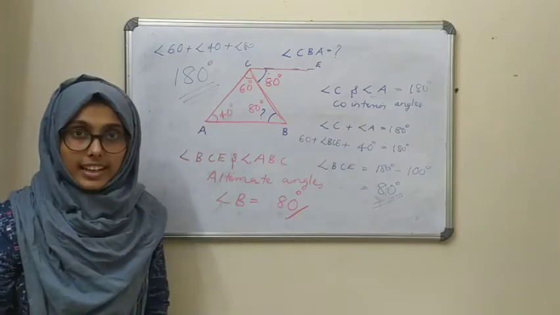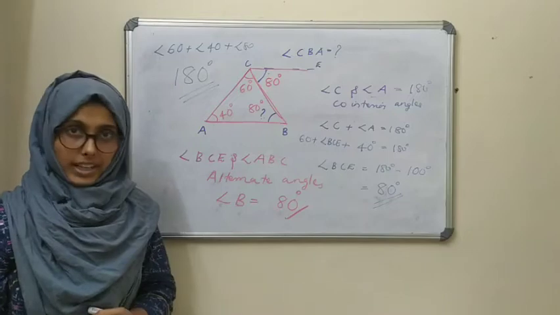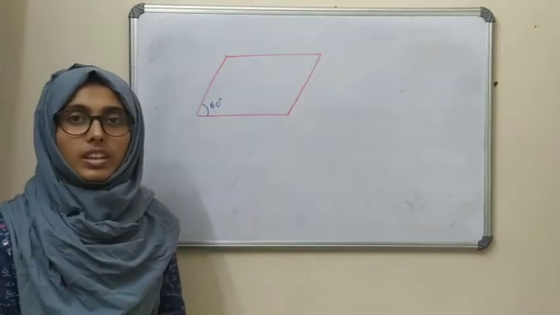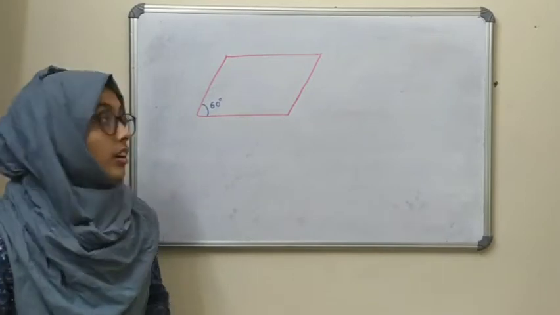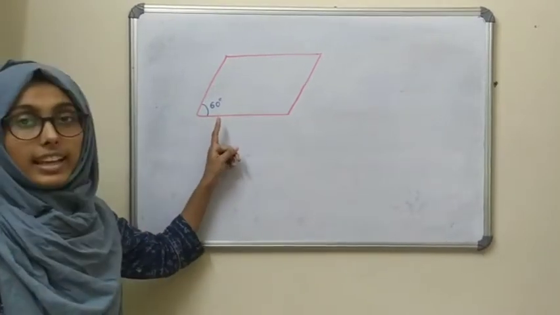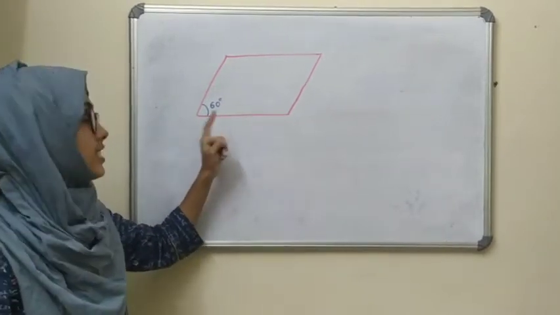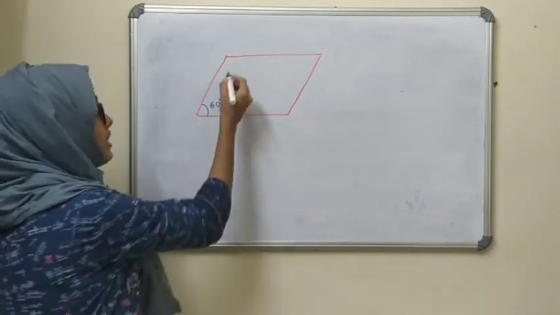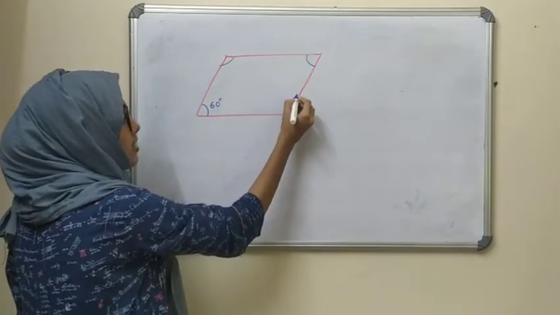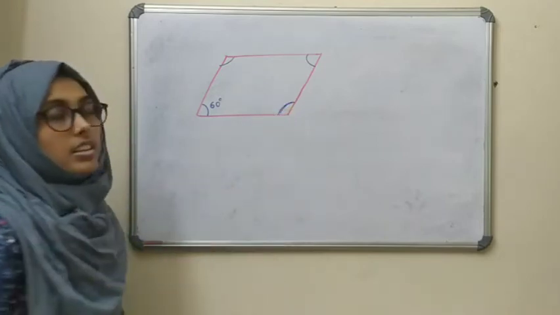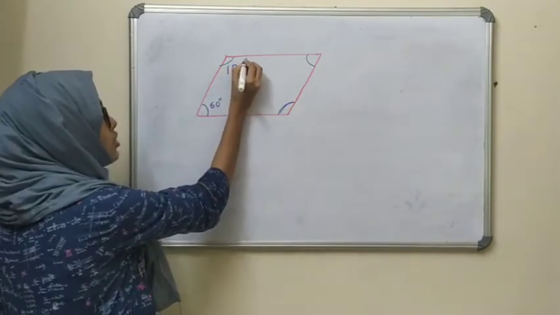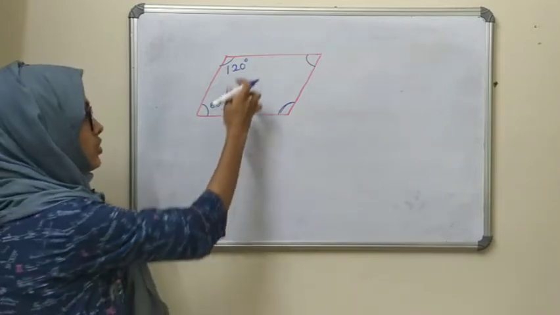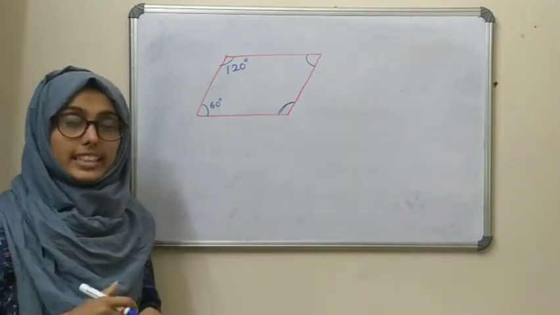So in any triangle, the sum is 180 degrees. Now my dear students, you can see a parallelogram on the board and the angle here is 60 degrees. Now you want to find these three angles. If this is 60 degrees, this will be 120 degrees. How? These two angles are co-interior angles.